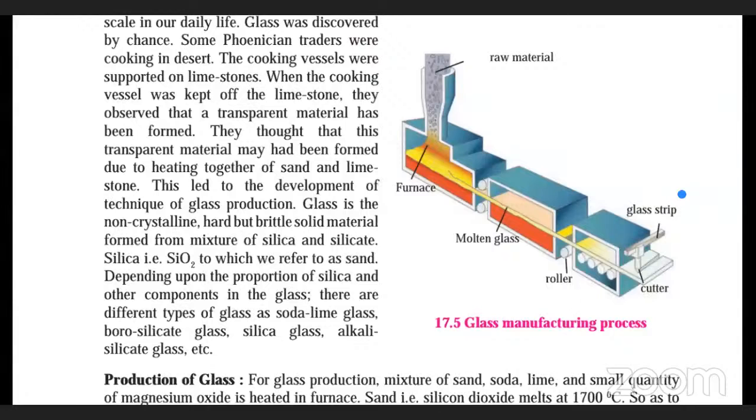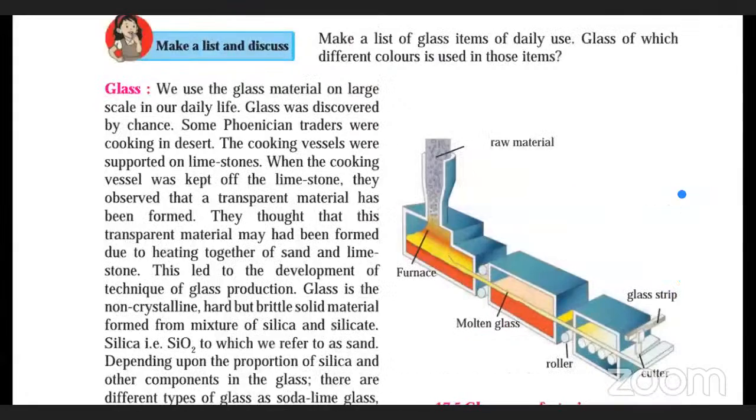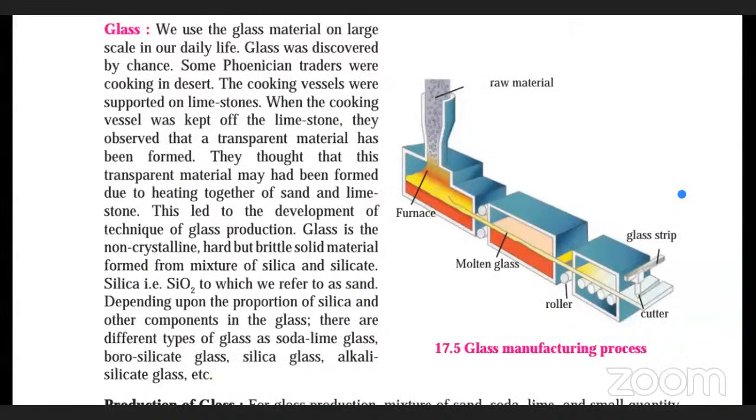So first of all we need to see what this glass is made up of. We are very much aware of the uses of glass. कांच कहाँ कहाँ यूज होती है हमको पता है, that so many articles are made up of glass, like window glass, glasswares, kitchen के जो apparatus होते हैं, plates made up of glass, wall clocks which contain glass, and mirrors which contain glass.